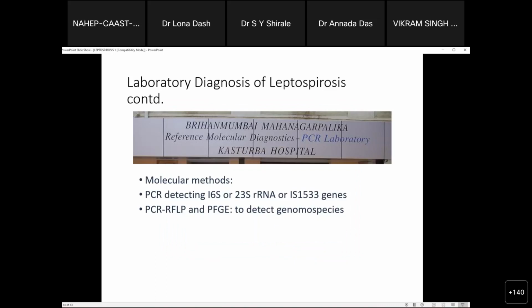It was commissioned in the year 2007, and throughout the year, leptospira PCR is carried out on patients presenting with acute febrile illness. So again, a very important and useful test for confirming the diagnosis.